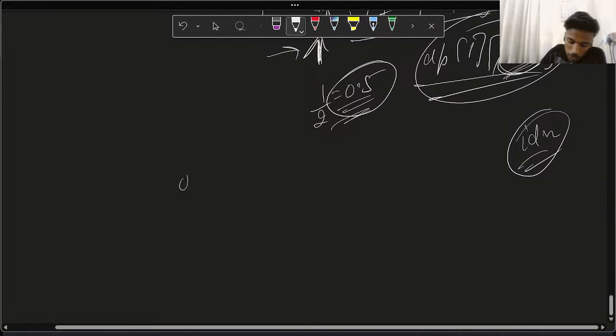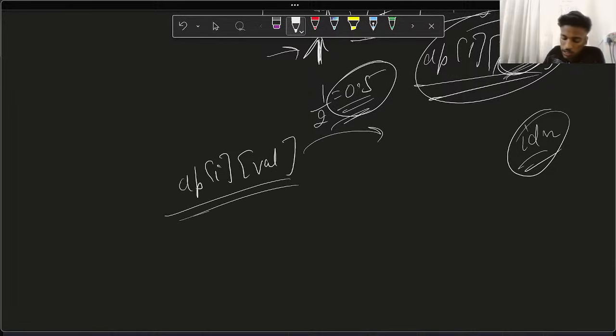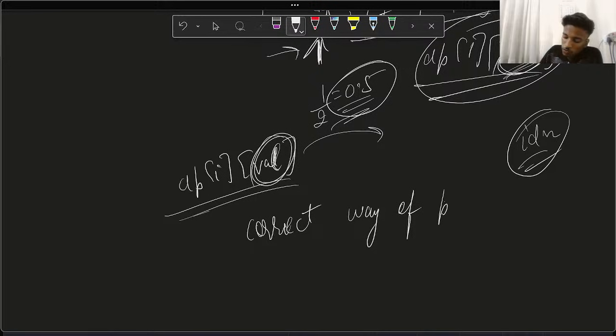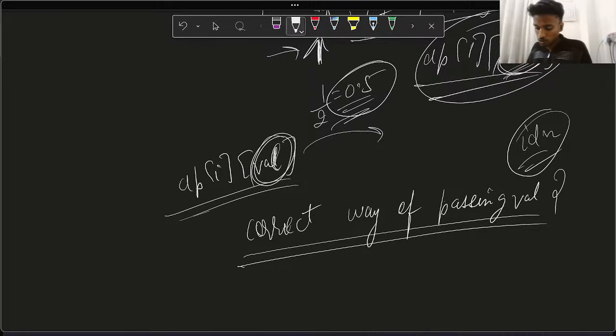So dp of i comma val is correct. In the states ahead, I do need to transfer this val variable, but the correct way of passing val in the states ahead, we have to figure that out.